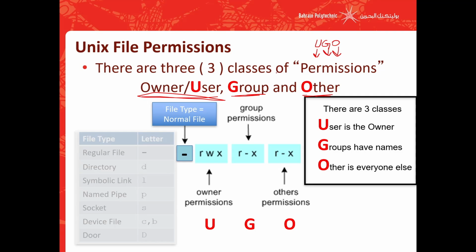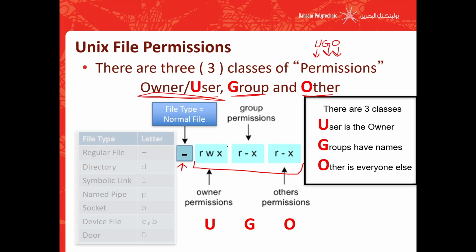Now, where can you see these groups? When you do ls -l, the first character we know is the file type. The rest is going to be the permissions.